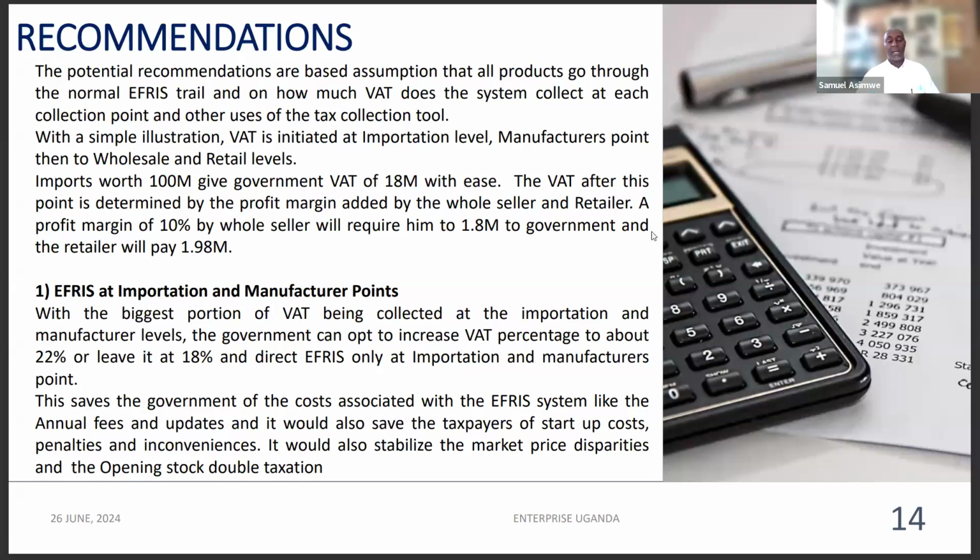But I had my stock. I did not buy it through the EFRIS trade, and now I have to pay VAT. And yet the government had corrected the VAT 18% at the importation level. So in my view, the government has a big point here. It has to do a lot of consultancy, a lot of computation to see, is it worth it that we should follow this 2.7 when we have already gotten 18 million.